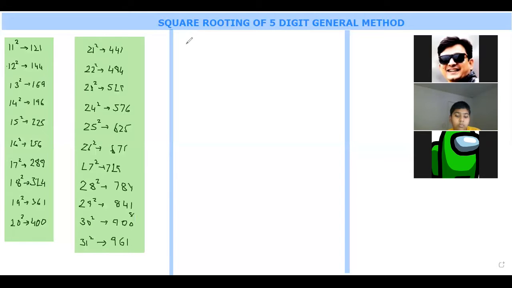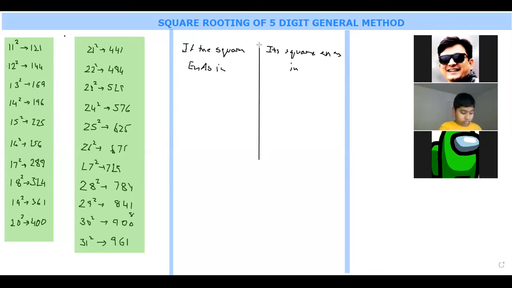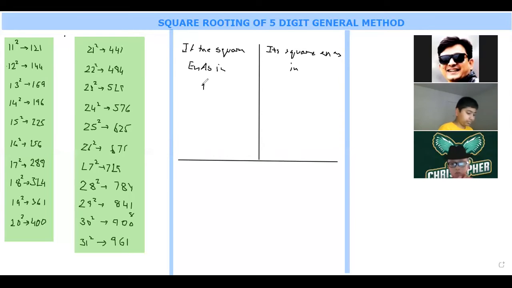If the square ends in 1, its square root will end in 1 or 9.